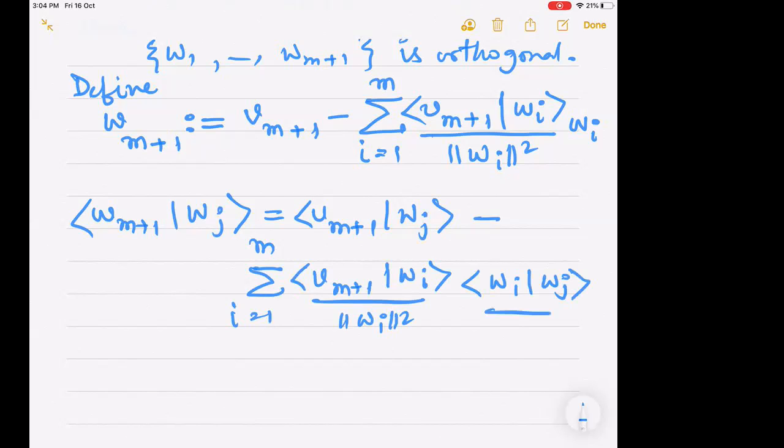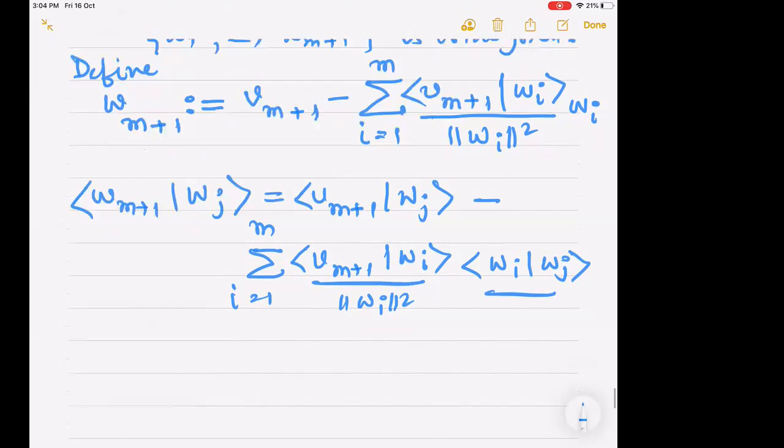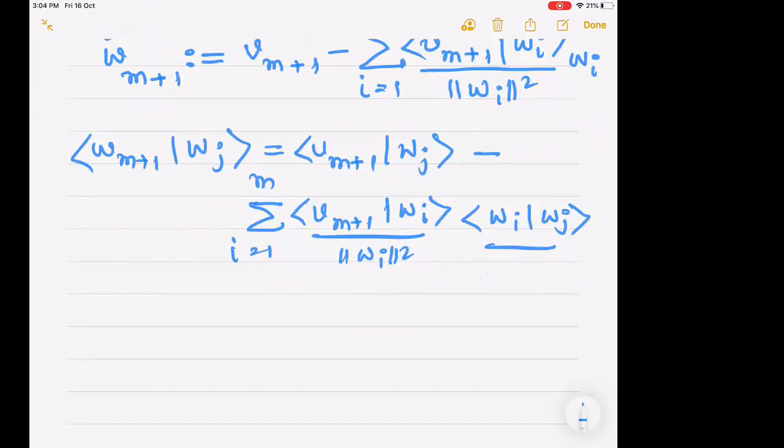So the Wj, I know, are already orthogonal for all i, j going from 1 to m. Therefore this is 0 except for one term. Let me write this out and it should be clear to you. Wj will remain as it is, and among all these terms for i going from 1 to m, only i equal to j will survive.